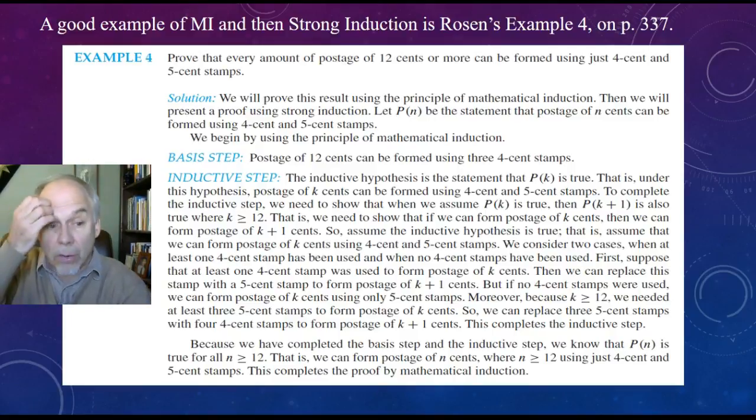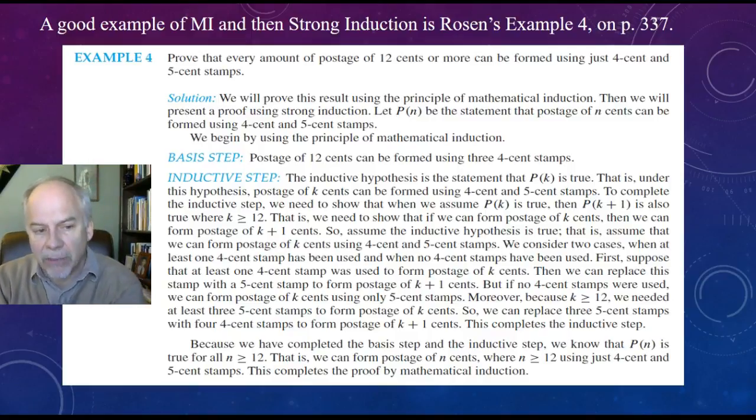Well, if it's a postage higher than 12, which the first one would be 15, that you could get with 5-cent stamps, then you have at least three of the 5-cent stamps that can be replaced with four of the 4-cent stamps to give you one cent higher of postage. By the principle of mathematical induction, we could reach all postages of 12 cents or more.